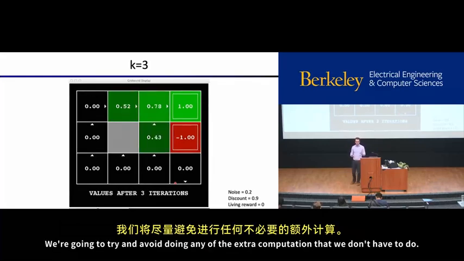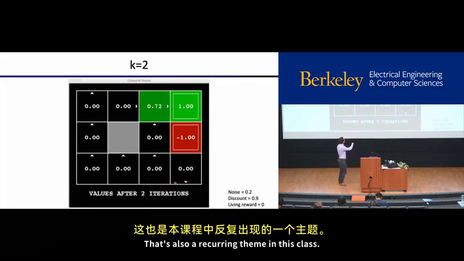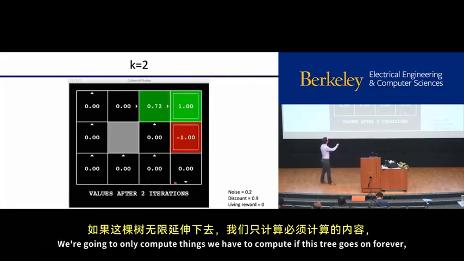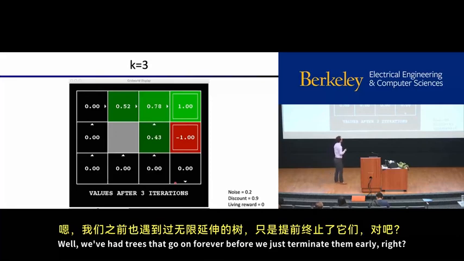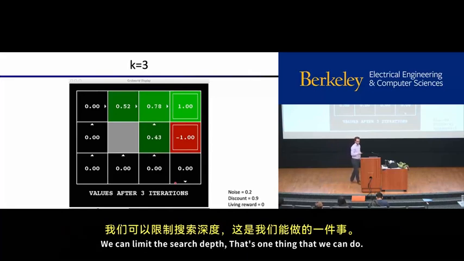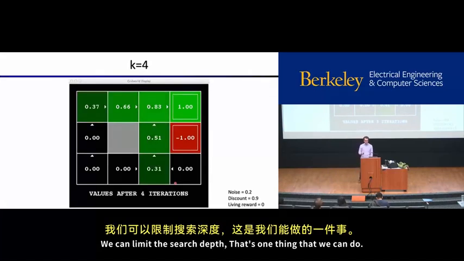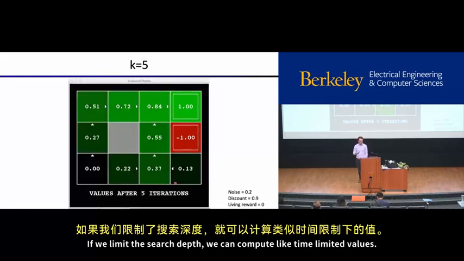We say 3 time steps. So notice that the value of being next to the goal, next to this +1 state, goes up if you have a 3rd time step, because you can slip and still get back on track. So as you increase k, you'll start to get value in further and further states away from these rewarding states.